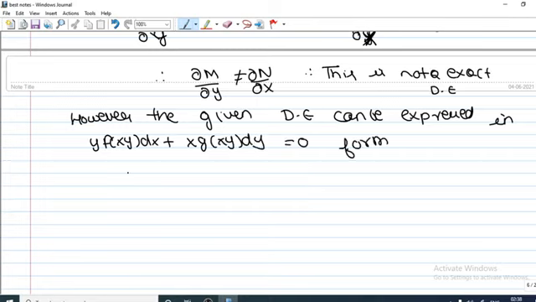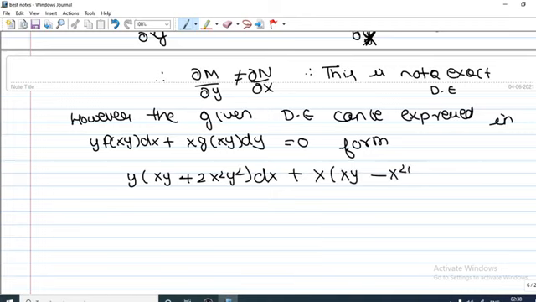The question in the starting was given in that format only, so you just need to write that: M dx + N dy, with N including minus x square y square into dy equal to 0.